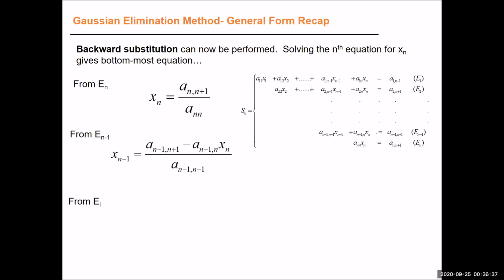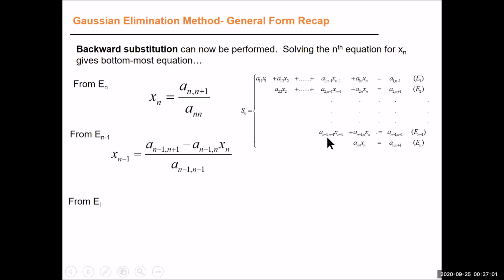we're trying to solve this, xn minus 1. So in order to solve this, it is simply the constant minus away this value here, for which we already obtained the value of xn from here. We can substitute it. The coefficient is known. So it's the constant minus whatever this is, and then divided by the coefficient of this unknown variable.